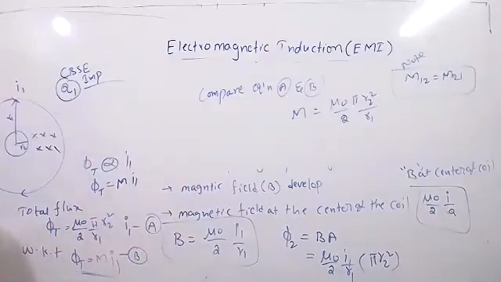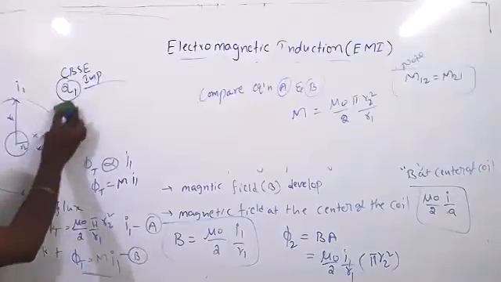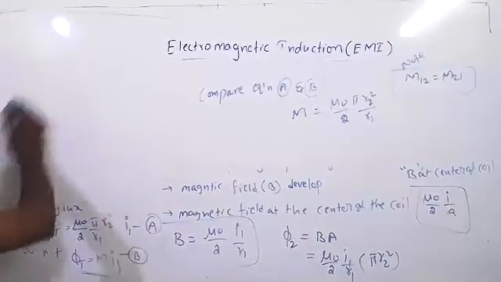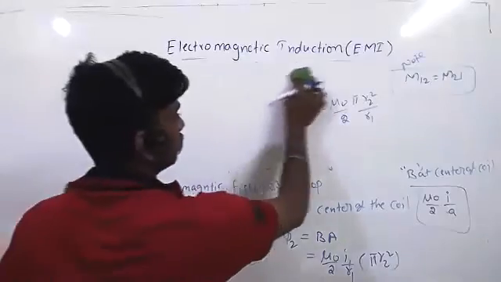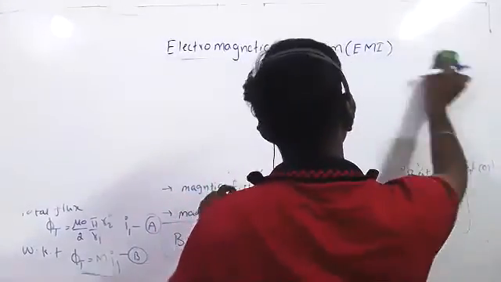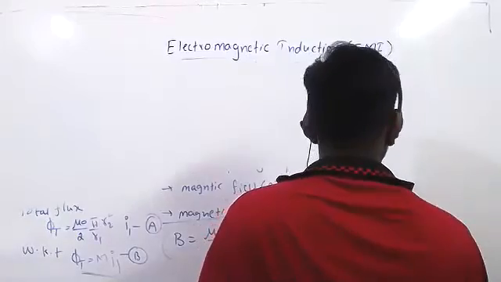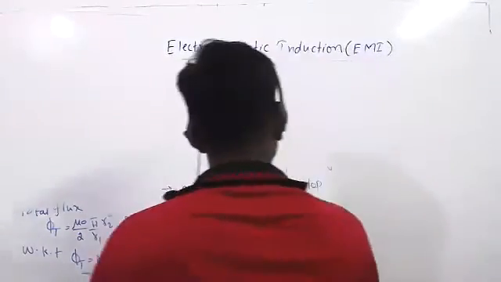Just 2-3 steps. And it is a CBSE important question. Mutual inductance in the first coil due to second coil is equal to mutual inductance in the second coil due to first coil. That you have to remember.